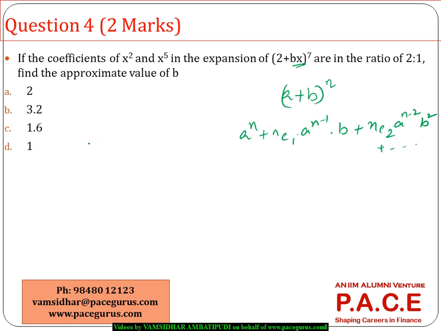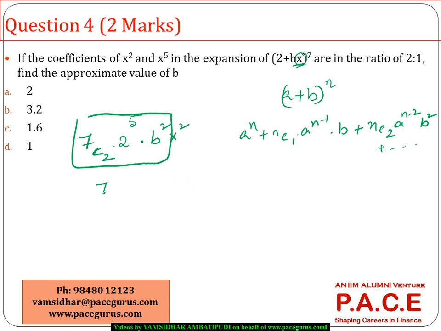So the same logic if I am using, I need to get a 2 here, means I can take a 7c2, 2 power 5, a 7 minus 2, 2 power 5 into b square x square. That is the second term, and so this is the coefficient of the x squared term.